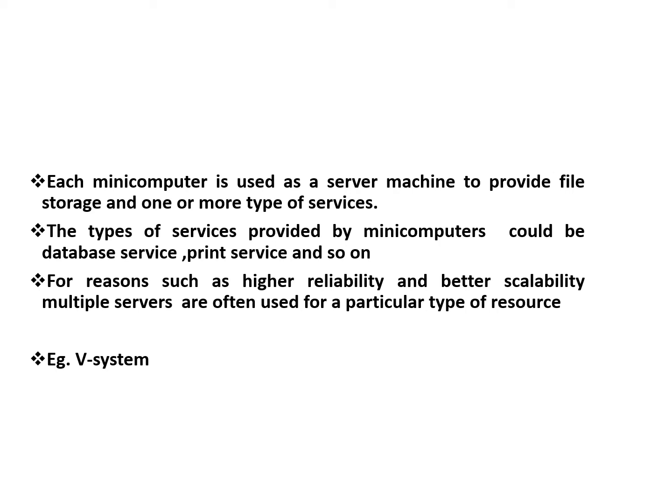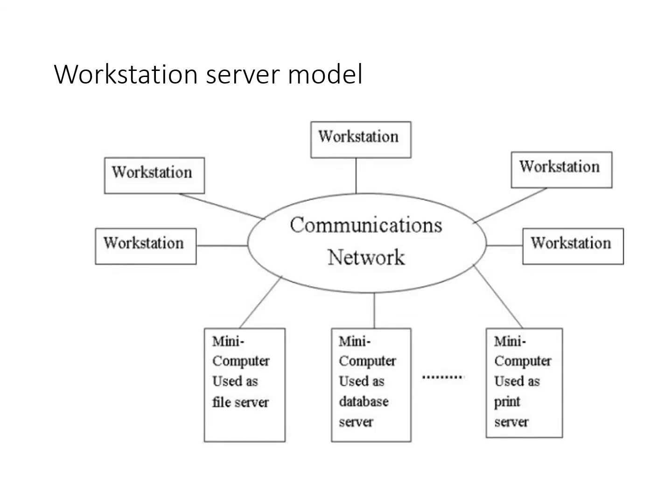One of the examples where the workstation server model is used is the V System. So this is the diagram of the workstation server model. We can see a communication network, which could be a LAN, connected to different types of components like workstations and mini computers.